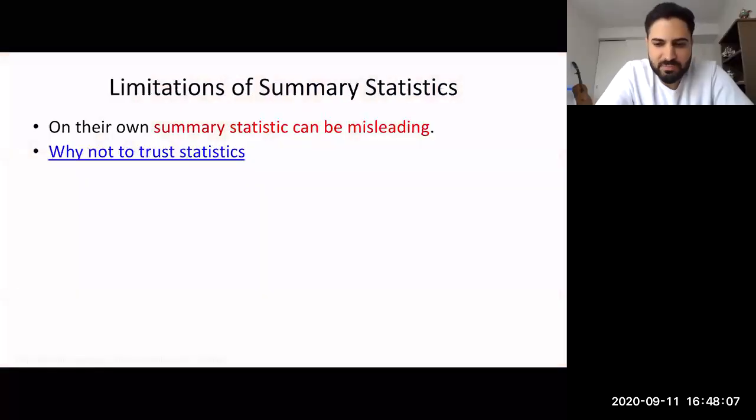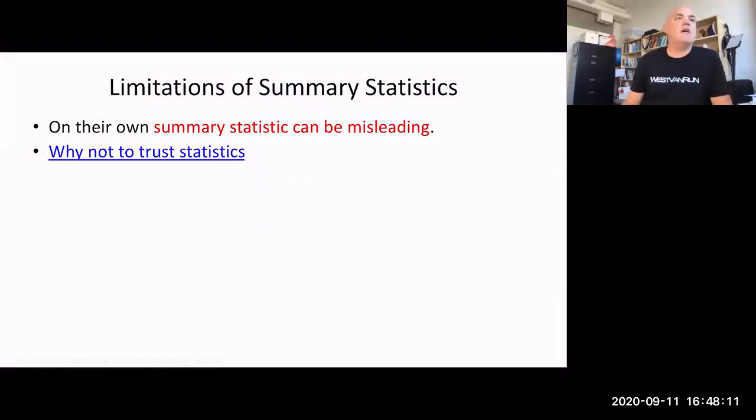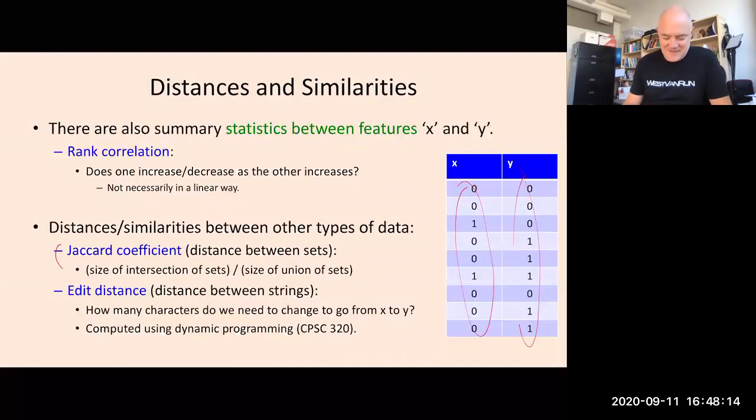What's the difference between edit distance and Hamming distance at the bit level?